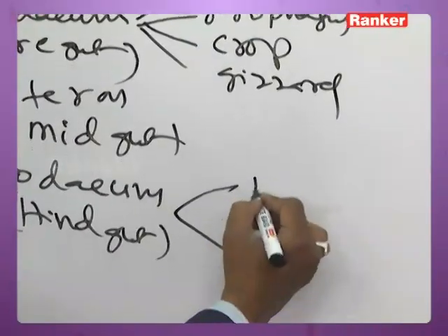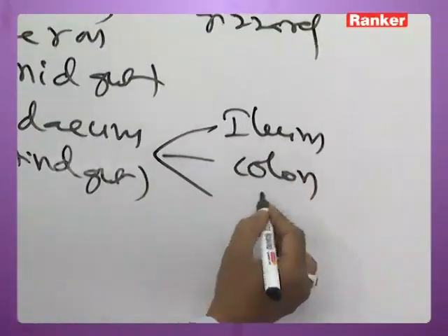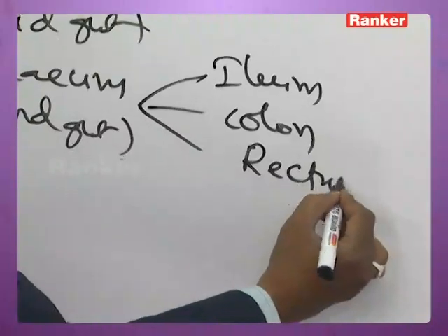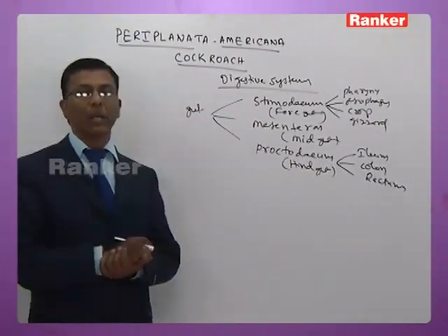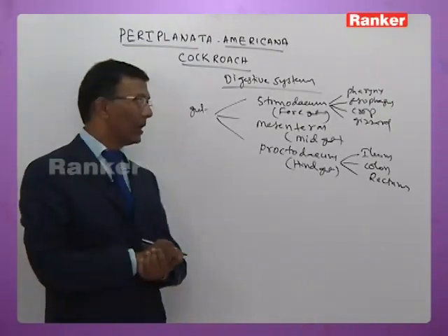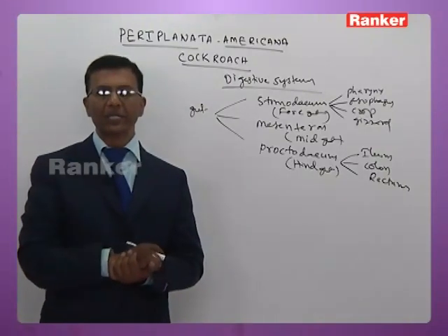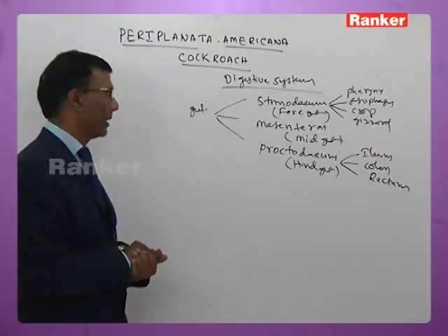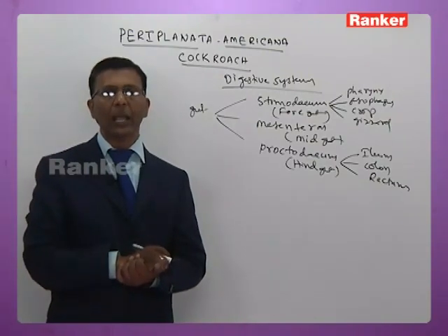Proctodium consists of ileum, colon and rectum. Stomodium and proctodium are internally lined by the cuticle, which is a derivative of ectoderm, whereas mesenteron or midgut has an endodermal glandular epithelium.